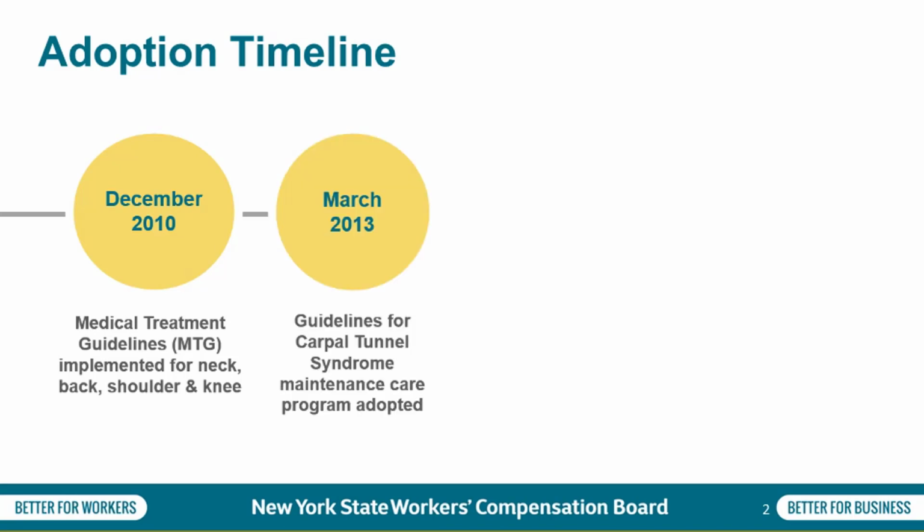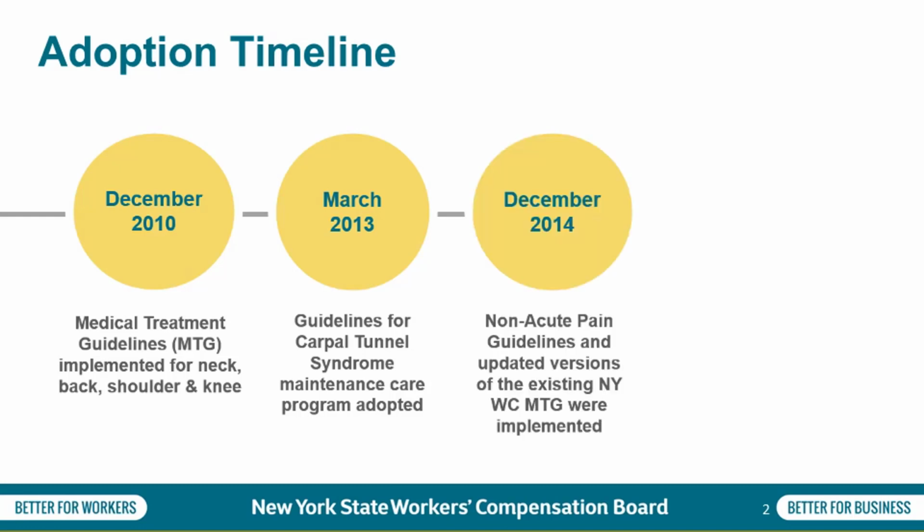On March 1, 2013, the Carpal Tunnel Syndrome Medical Treatment Guidelines, and updated versions of the then-existing guidelines, including a new maintenance care program, were adopted. The Non-Acute Pain Medical Treatment Guidelines, as well as updated versions of the existing guidelines, were implemented for dates of treatment on or after December 15, 2014.